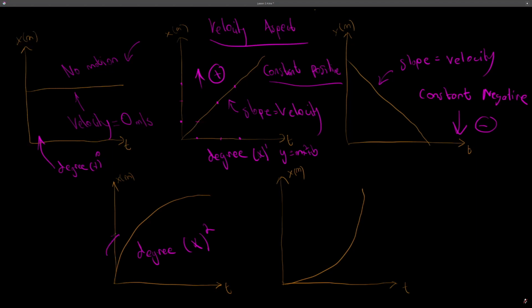Now, for this graph, as time goes by, the object gains distance. The amount of distance over time increases, meaning that the object is speeding up. So we can see here that in this graph, as time goes by, the object is slowing down. You can notice this because as time goes by, the object loses speed.